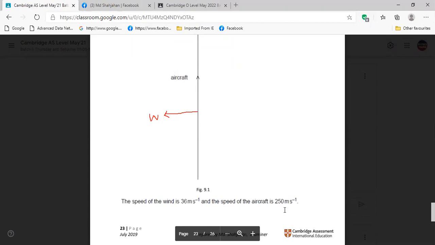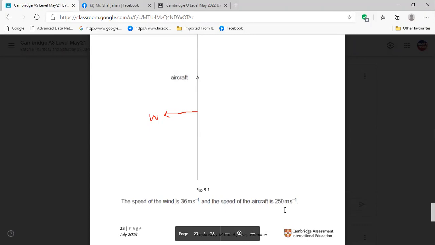What is the double of 6.94? 13.88, so you can take it as 13.9. Then 1 centimeter is 18 meters per second.